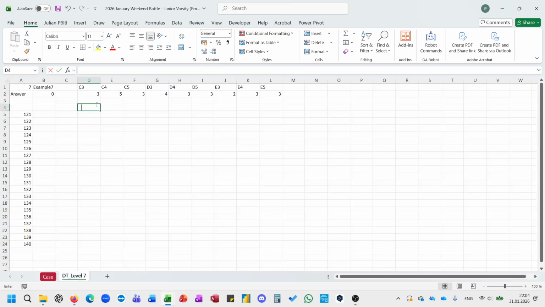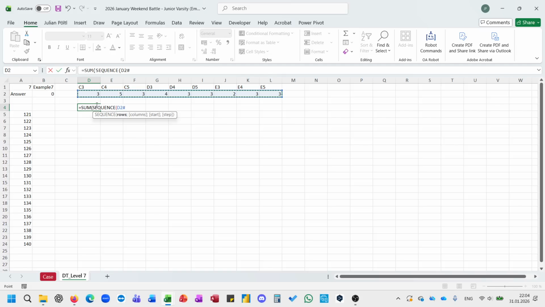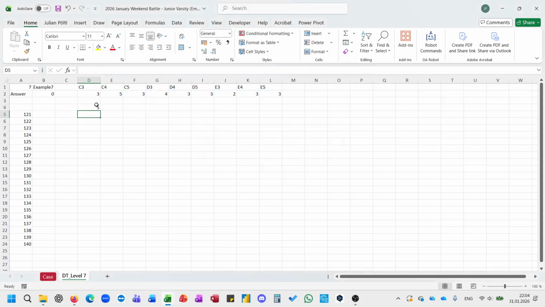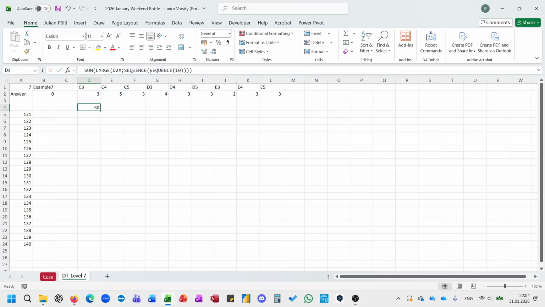So basically, it's some sequence. No, some LARGE sequence, and then starting from 1. And here is sequence. Well, we can actually work with, no, we can't.